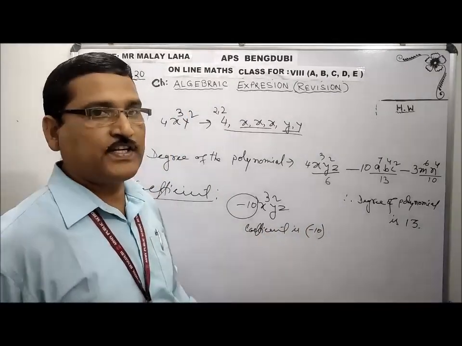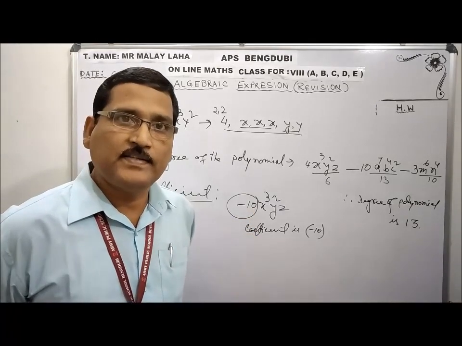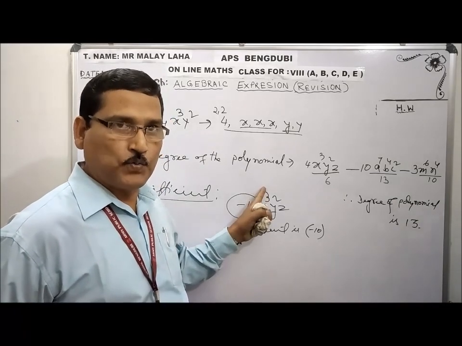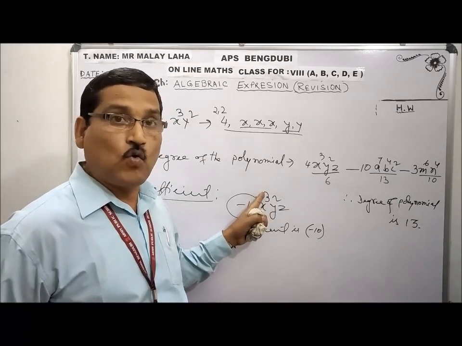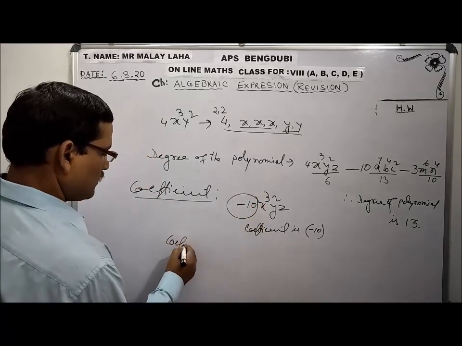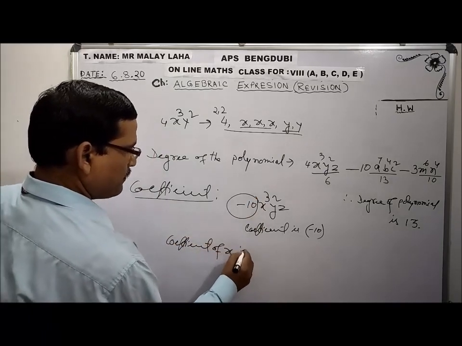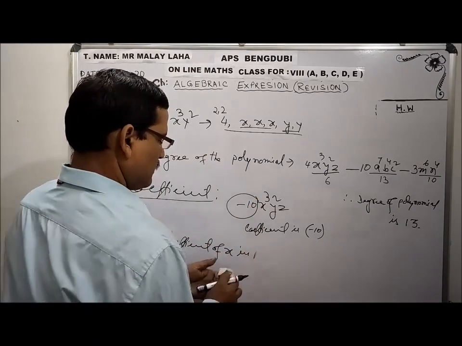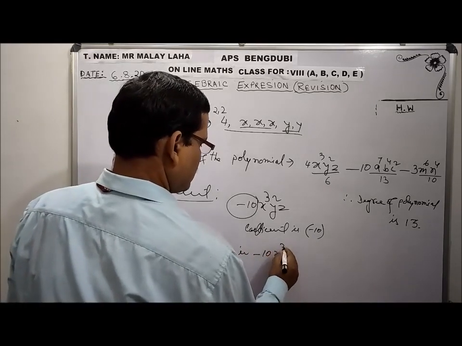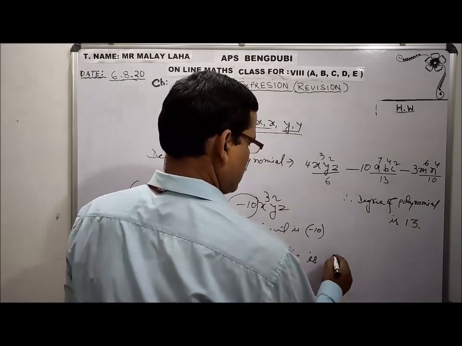But the same question asked in a different way. What is the coefficient of x here? If I say what is the power of the x? X cube. So when you say what is the coefficient of x, the coefficient of x in minus 10 x cube y square z is what?